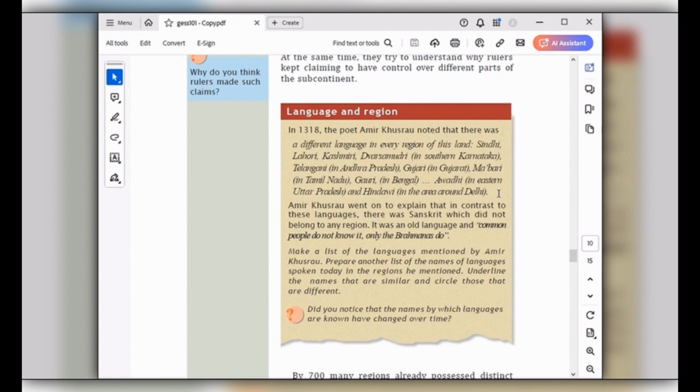Amir Khusro went on to explain that in contrast to these languages, there was Sanskrit, which did not belong to any region. It was an old language and common people do not know it. Only the Brahmins do.